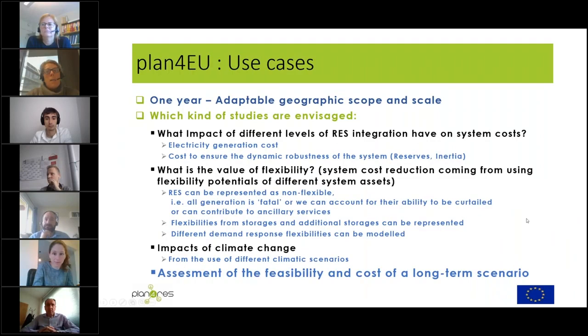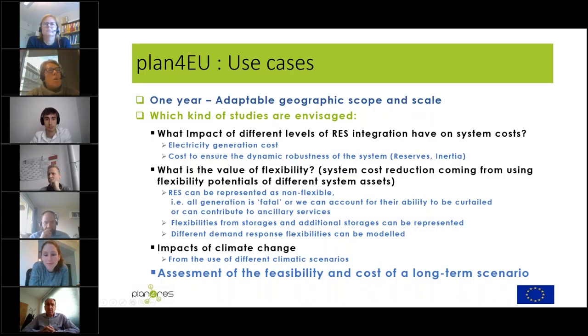So what has it been used for, and what is it used for now? We are doing different kinds of studies within the project, like evaluating the impact that different levels of renewable integration have on the costs, or evaluating the value of flexibility, which is the system cost reduction from using flexibility potentials.